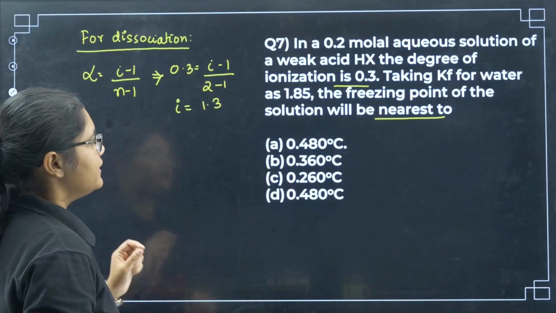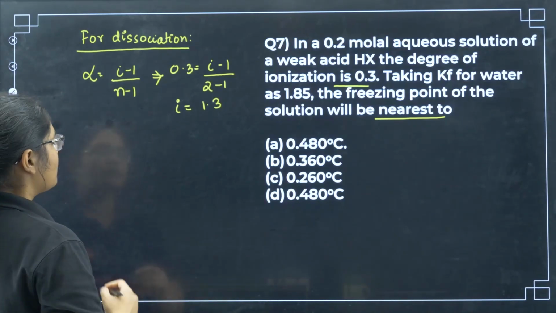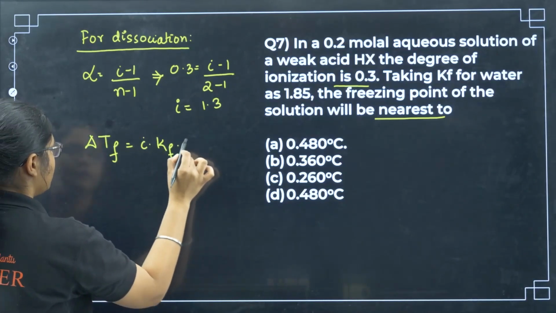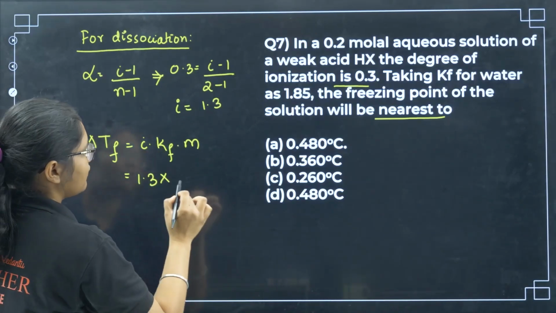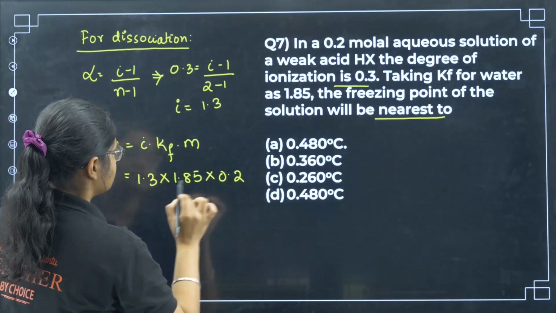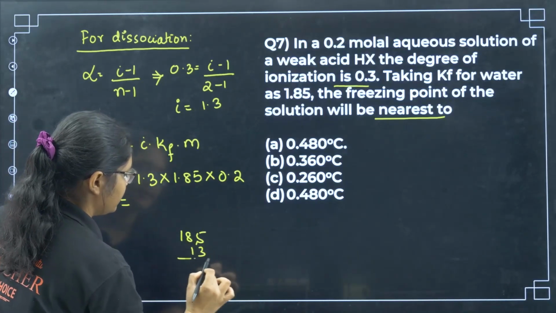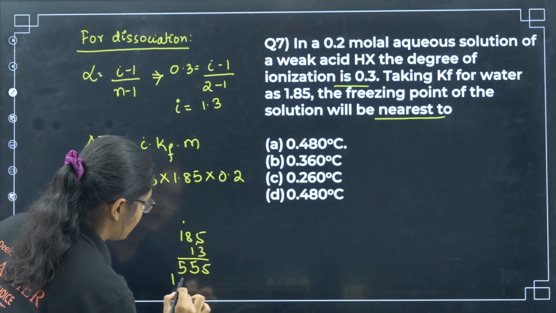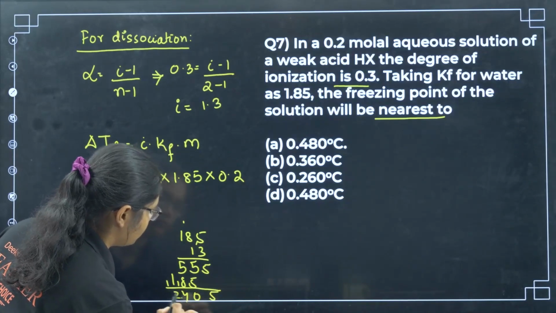That's the first thing. Next, taking Kf for water as 1.85, the freezing point of the solution. Now delta Tf is equal to i into Kf into m, right? I got the i value as 1.3, Kf value is 1.85, and molality is given as 0.2. Let me just calculate this first. 185 into 13: 3 5s are 15, 3 8s are 24 plus 1 is 25, 3 1s are 3, plus 2 is 5, then I have 185, and adding I'll get 2405.